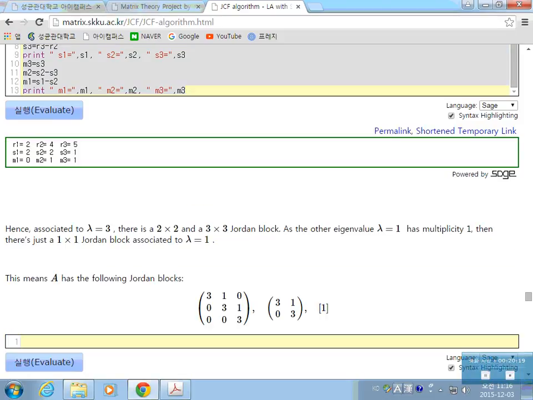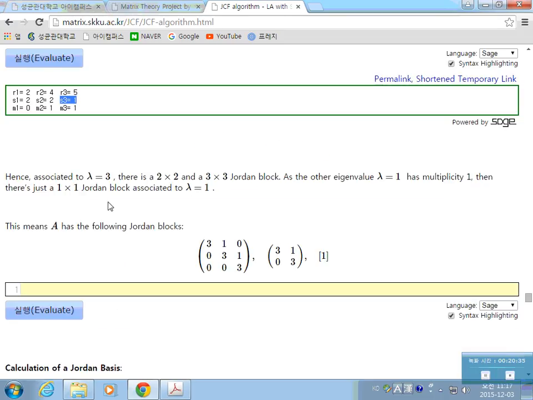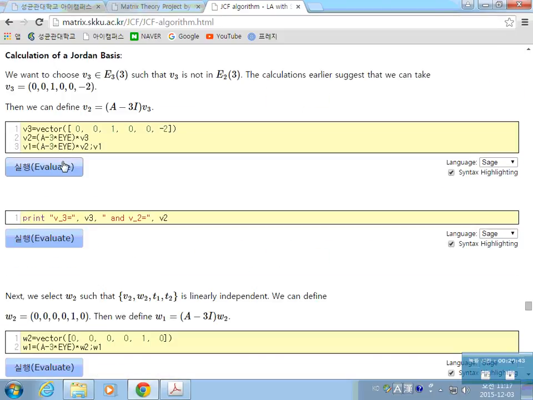So R1 is here, R2 is here, R3 is here. So S1, S2, S3 are here, which means you have two 1 by 1 Jordan blocks, two 2 by 2 Jordan blocks and one 3 by 3 Jordan block, like this, isn't it? Okay, that's what I intended.